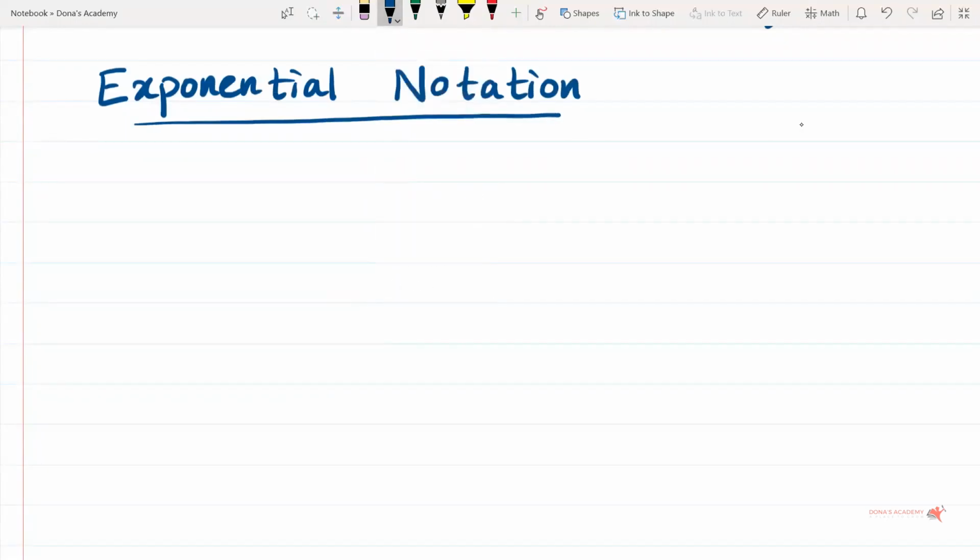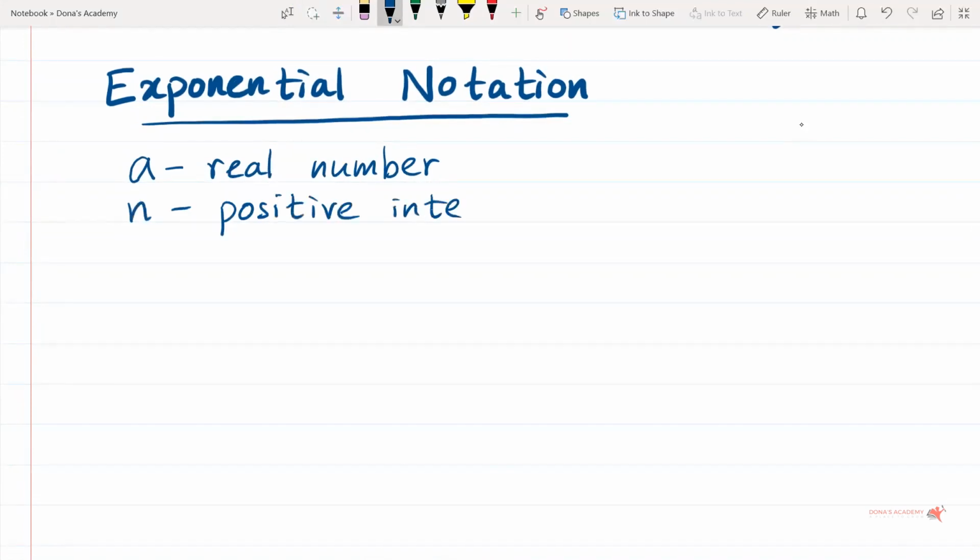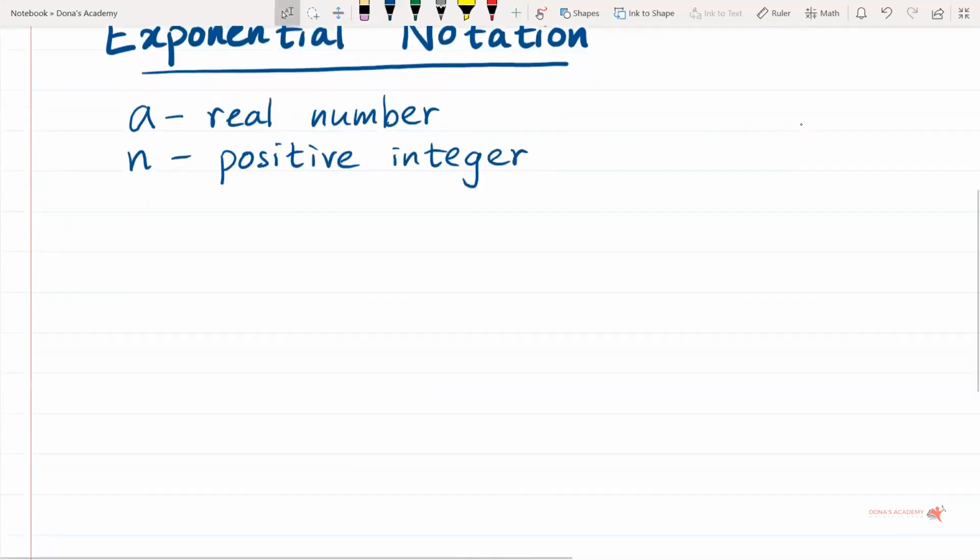All right, so if we have a real number a, and n is a positive integer, then we use this notation a to the power n.